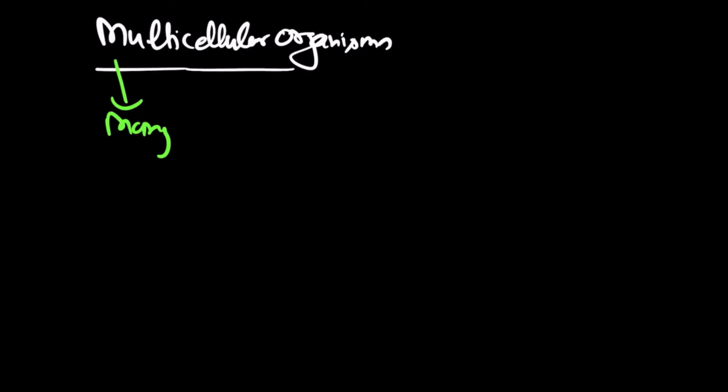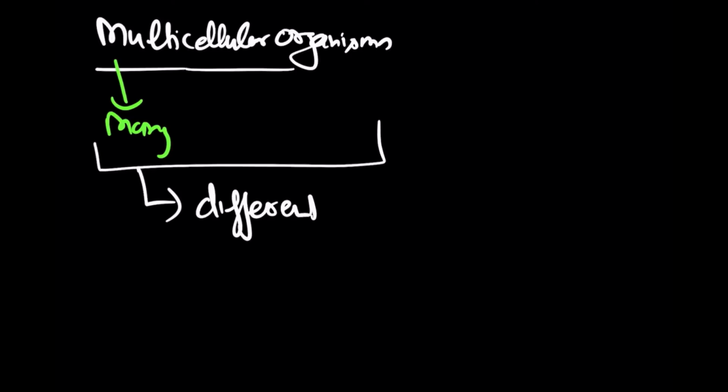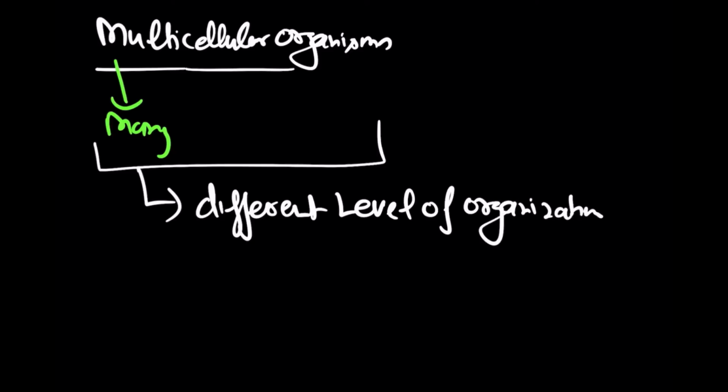Actually here you are going to see different levels of organization. Now if you remember, in the case of unicellular organisms you have just one cell, so there you see only the cellular level of organization.